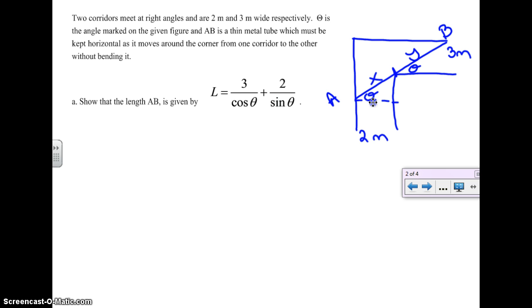I'm going to say cosine is adjacent over hypotenuse. So I'm going to say that cosine of theta is 2 divided by x, because my adjacent is 2, this side right here, and my hypotenuse is x right here.